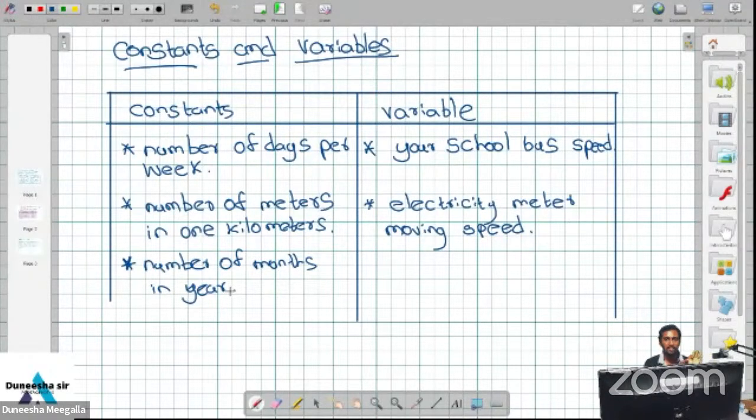සමහර අයගේ මෙතන මහපට ඇඟිල්ල ගාවේ තියෙනවා නේද? 6 fingers. Number of months in a year. Can you tell me a variable?